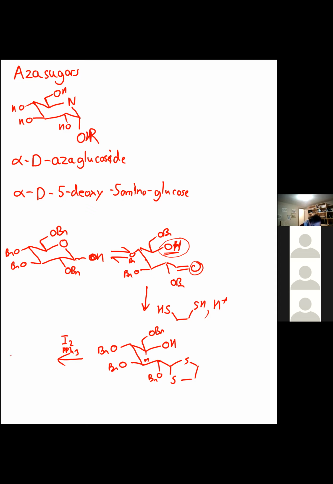And that is going to give us, for keeping track of our stereochemistry there, we've inverted the stereochemistry.